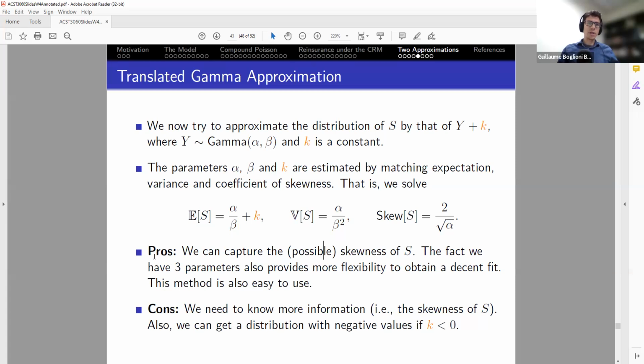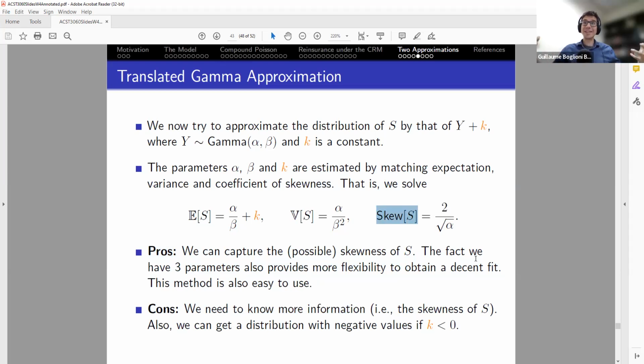So of course, an advantage here is that we have more flexibility, so we can capture the possible skewness of S because the gamma is a skewed distribution. We have more flexibility to find a decent fit. A con is that it's a bit harder to do because we need more information. We need to know the skewness of S, which in general we don't know.